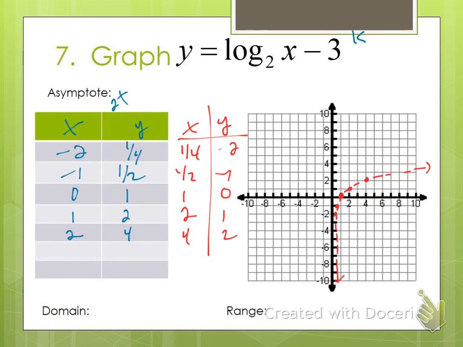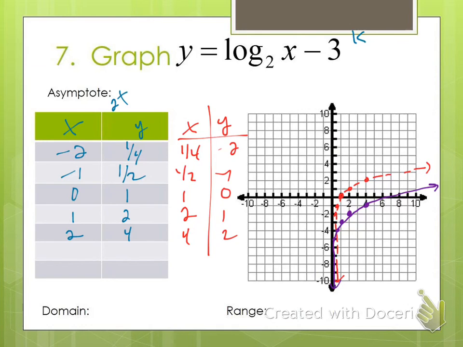And since this -3 is a k, then we want to shift everything down 3. So we go down 3 here, down 3. Oh, this guy, forgot, skipped one. 1, 2, 3, down 3 here, here, and here. And so now we're going to draw in our actual logarithmic function there.